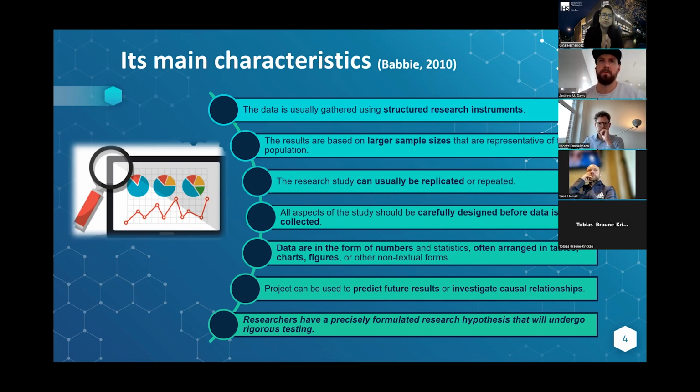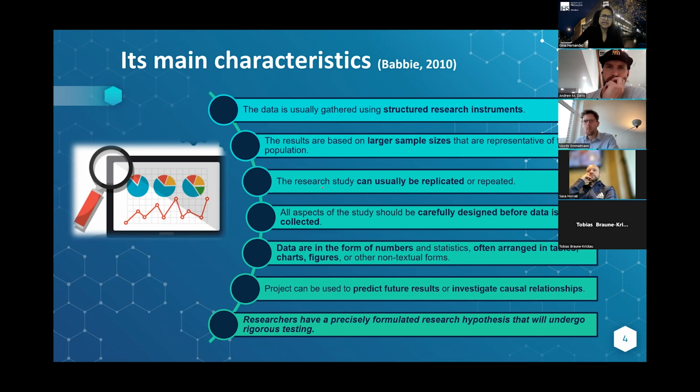So this is why you need larger samples, and most of the statistical analyses need larger samples in order to be powerful enough to detect the differences between two groups or the influence of one variable on another variable. So this is all about larger samples.